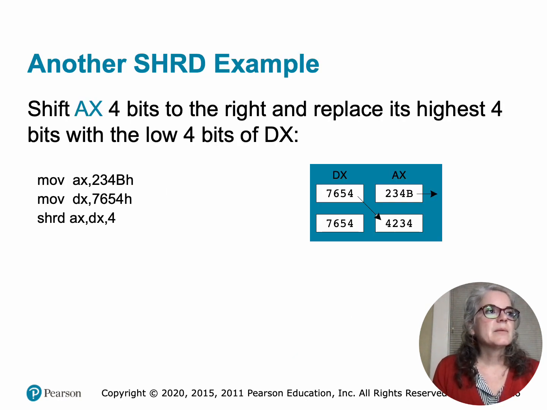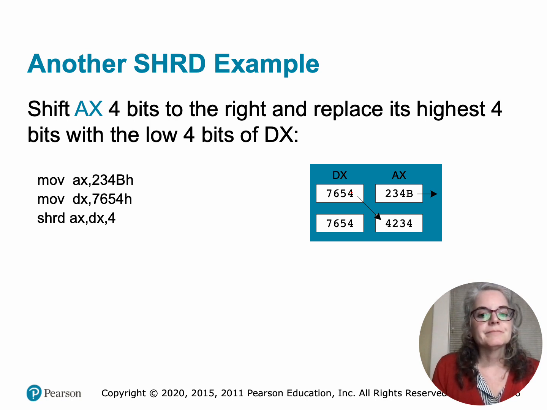So here's another example. We're shifting 4 bits to the right. So this 4, it's gone. And then we're going to take, DX is wrong.